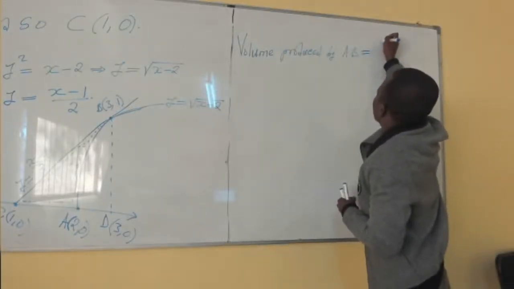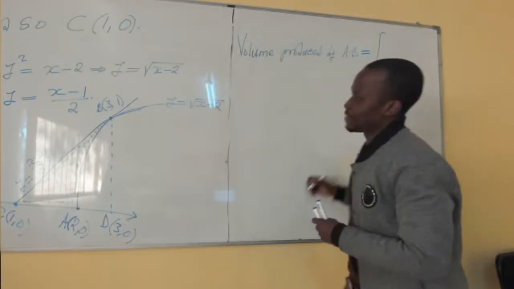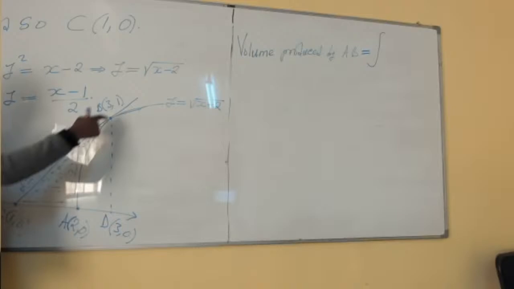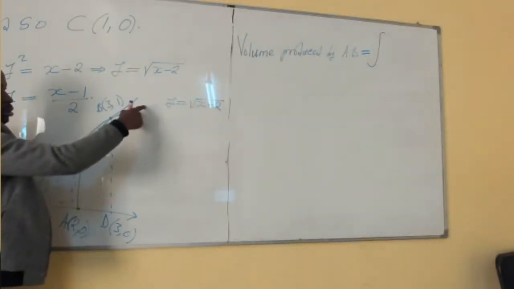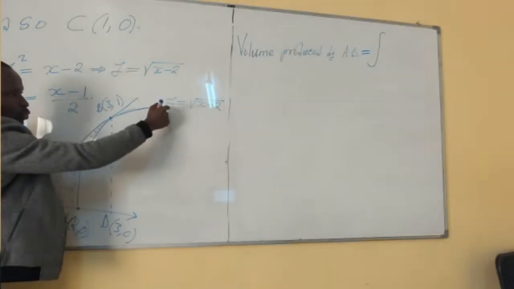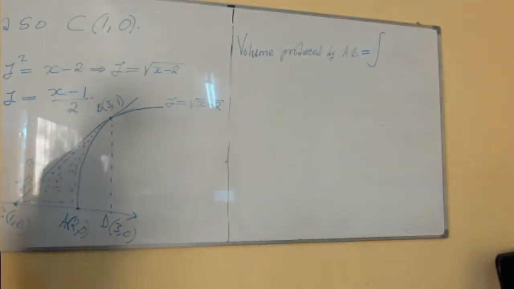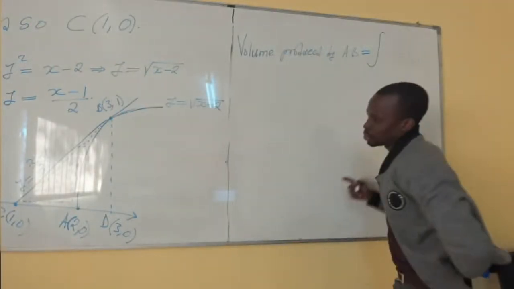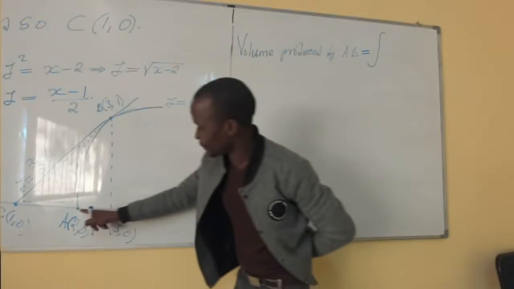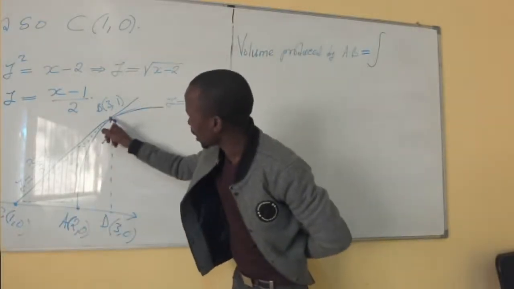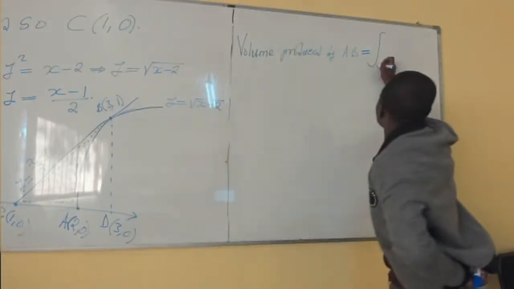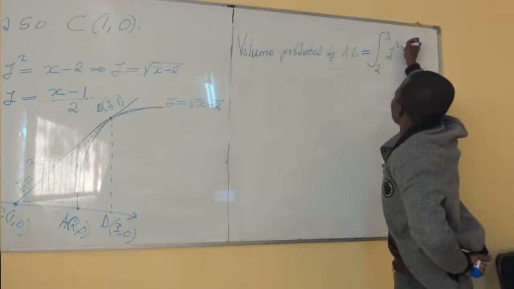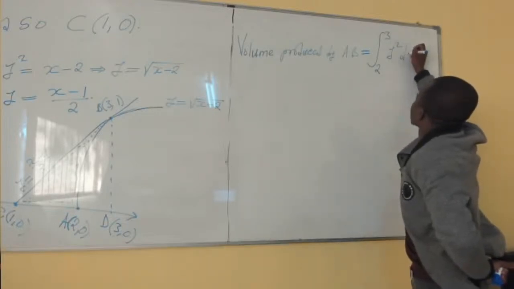This is equal to the integral. The curve AB is y equal to the square root of x minus 2. The x-coordinate at A is 2, the x-coordinate at B is 3. So it will be the integral from 2 to 3 of y squared dx.